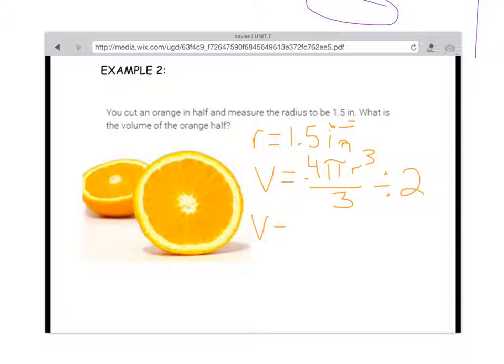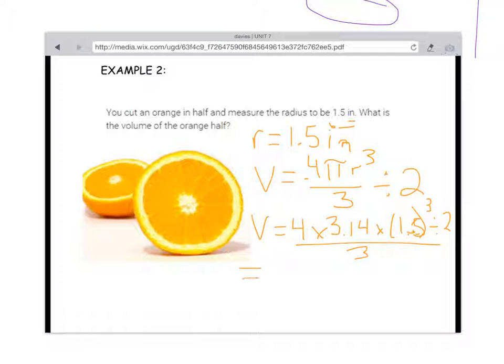So let's fill in the information. 4 times 3.14 times 1.5 cubed divided by 2 and over 3.